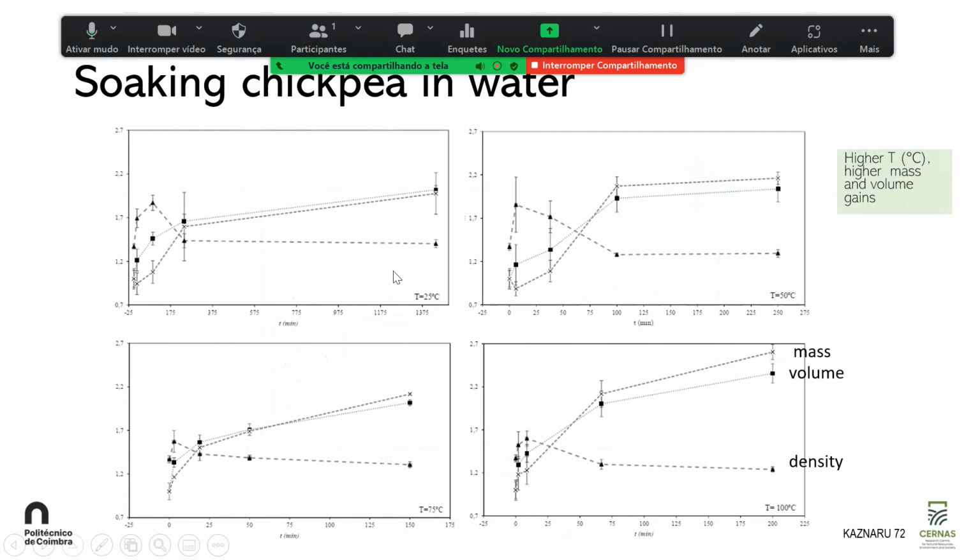And the higher the temperature, the higher the mass and the higher the volume we obtain in the end. So we will obtain chickpeas with a higher mass and higher volume if we hydrate at 75 degrees than if we hydrate at 50 degrees, for example, or especially at 25.